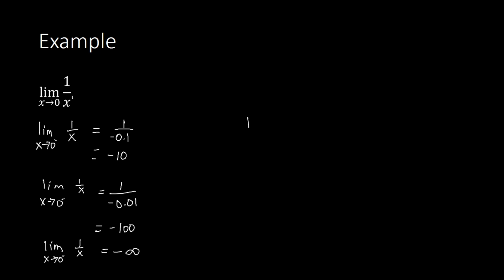And then we check the limit of 1 over x as x approaches 0 coming from the right side. So we try to get values of x from the right side of 0. So we can have 0.1. So we've got 1 over 0.1. That will be equal to 10.